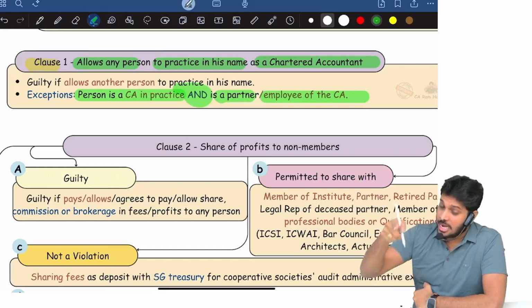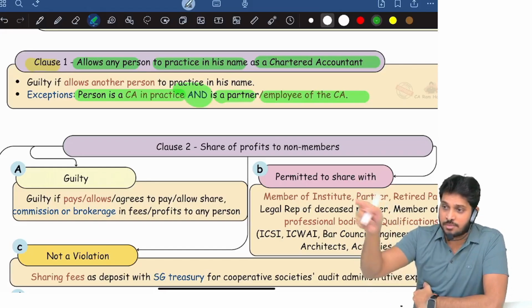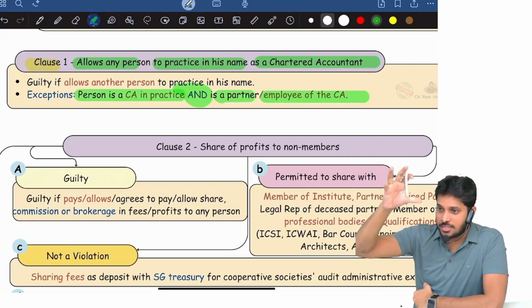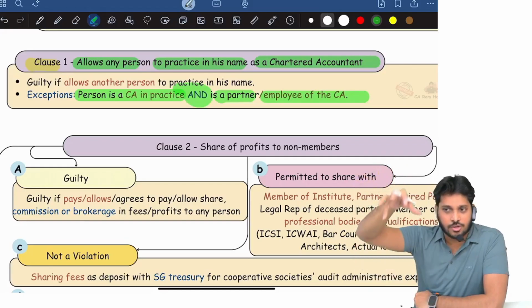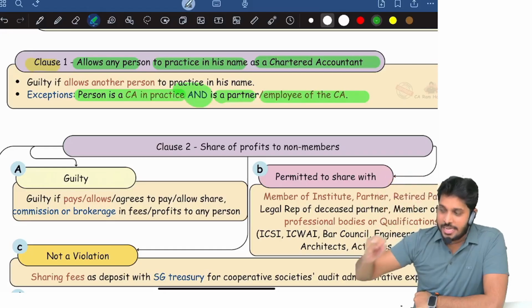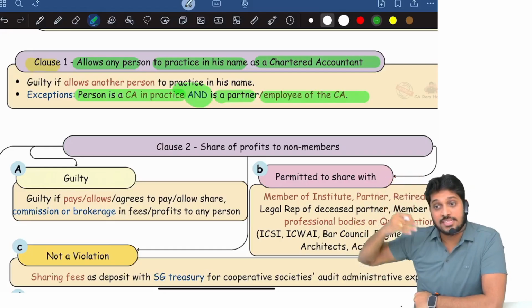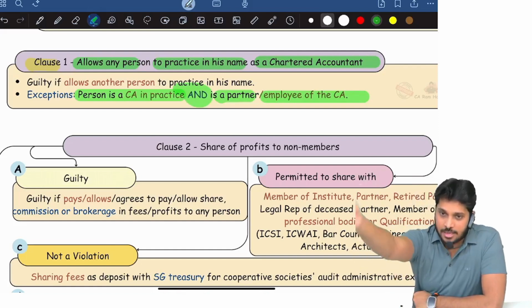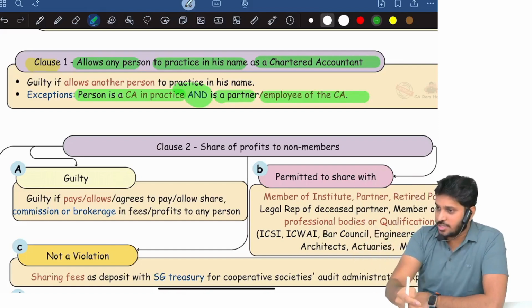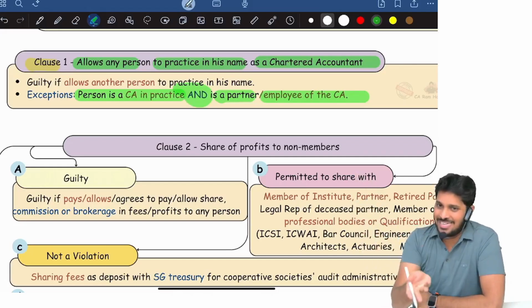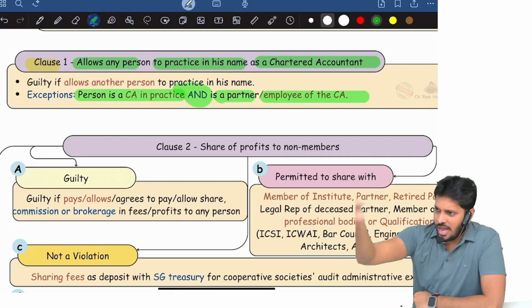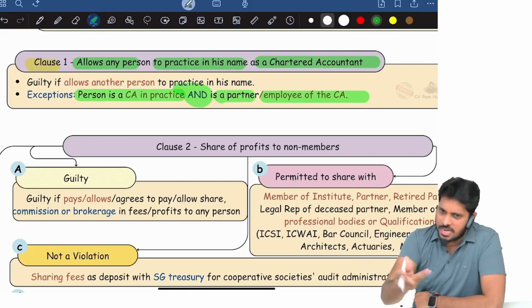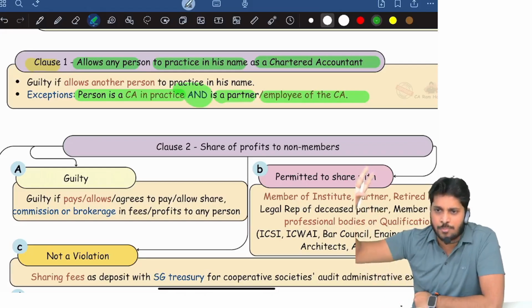Are you getting it? In the question bank, you have one question called Sant Pant. Have you seen that? A chartered accountant, Sant, allowed another CA, Pant, who is his client's son, to sit in his office, take up some independent work, and practice in his name. He learned all the work, and later wanted to open his own office.